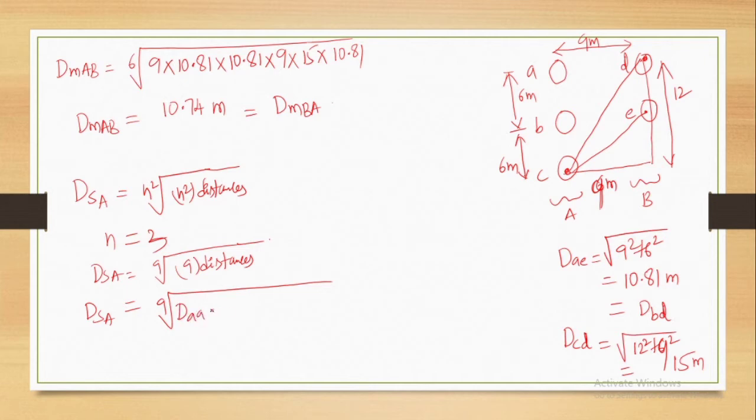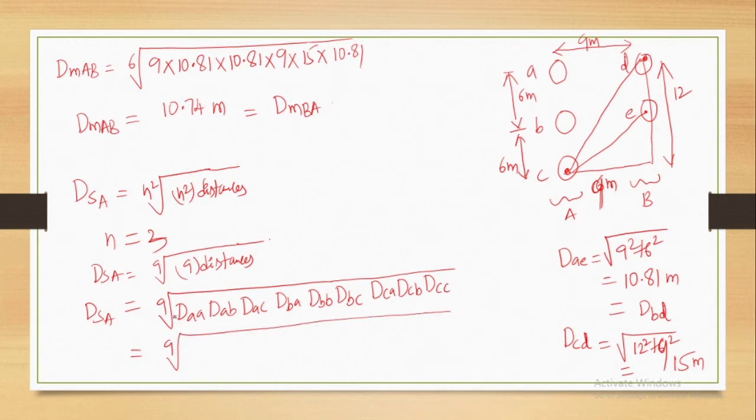DAA is one distance, DAB is another, DAC is another. Similarly, DBA, DBB, DBC, and DCA, DCB, DCC. Right?